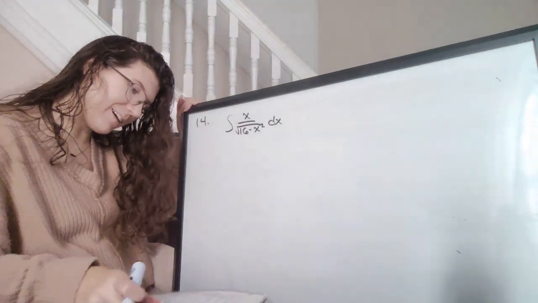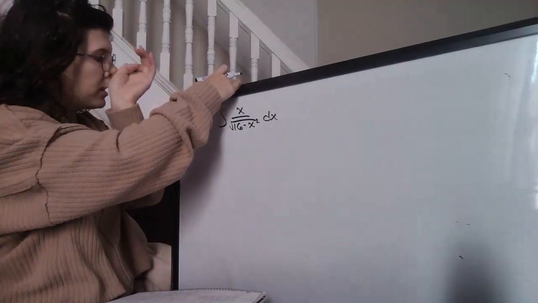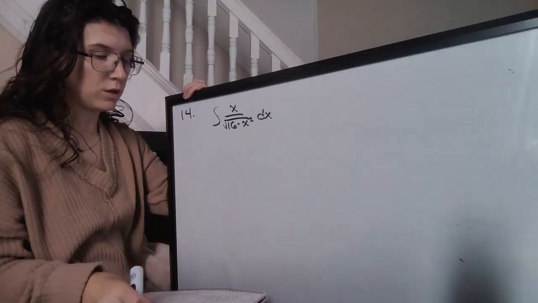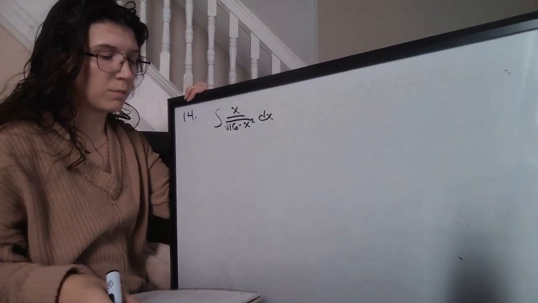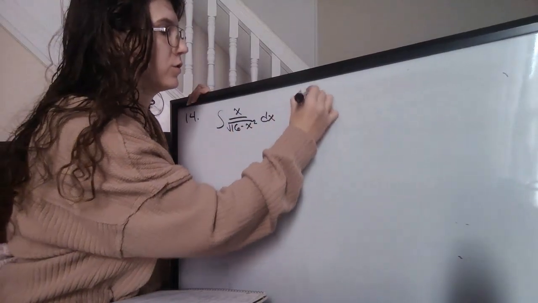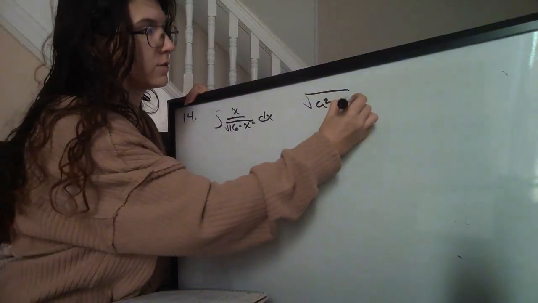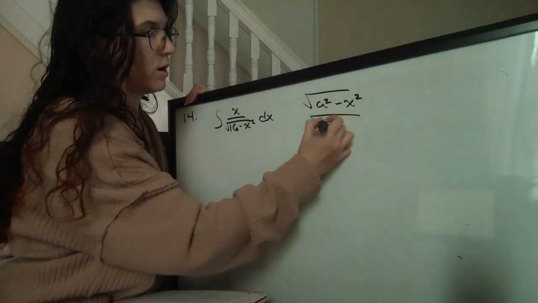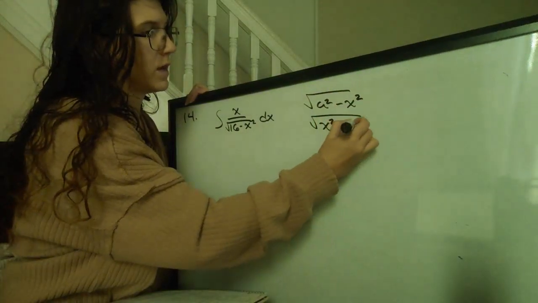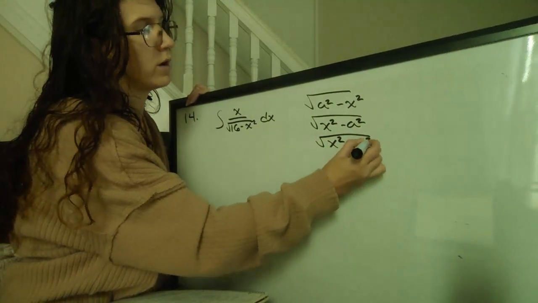All right, so there are 3 different trig substitution guys. It's knowing whether you have the square root of a squared minus x squared, the square root of x squared minus a squared, or the square root of x squared plus a squared.